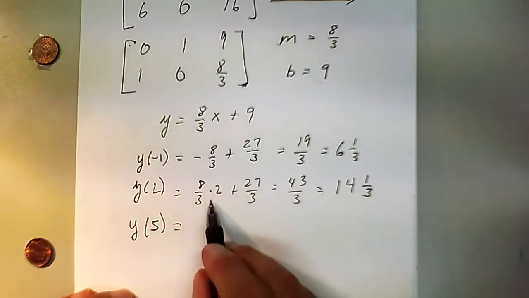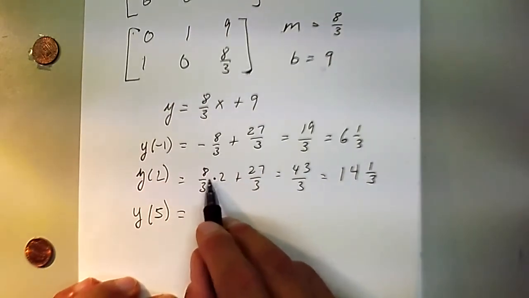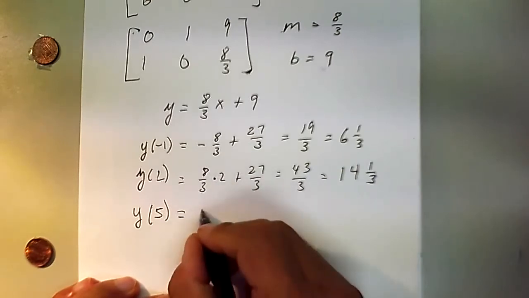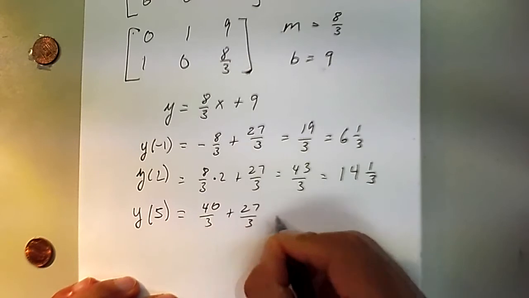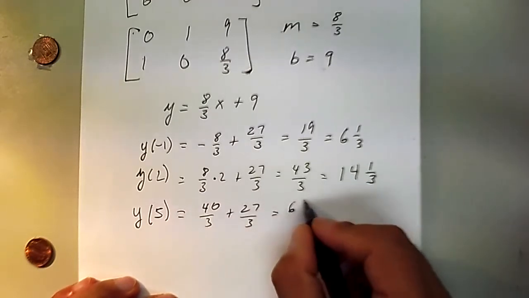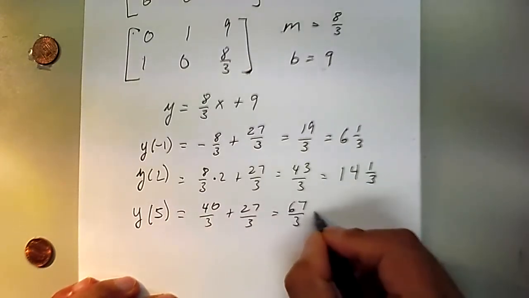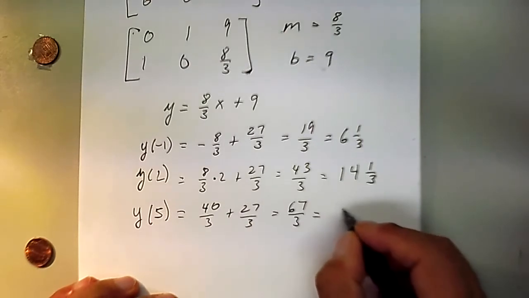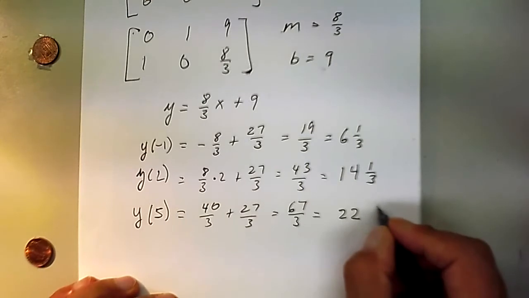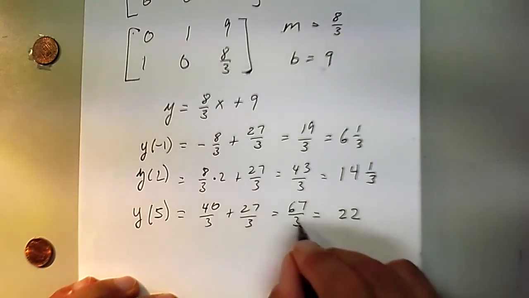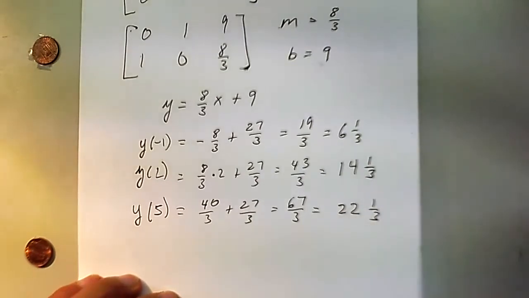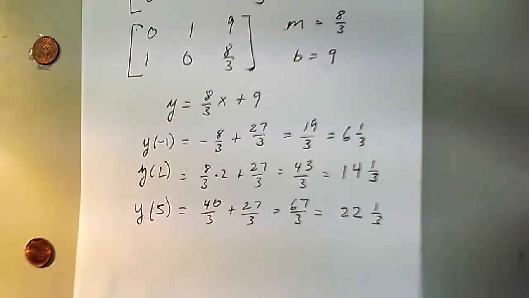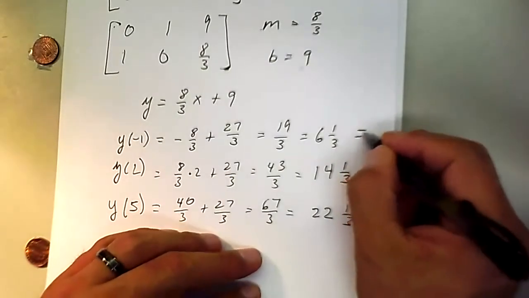Okay, so I'm going to jump ahead if you don't mind. 5 times 8 is 40 thirds plus 27/3. That is 67/3, and that is 22 and 1/3. Did we hit our targets? This is not 4.